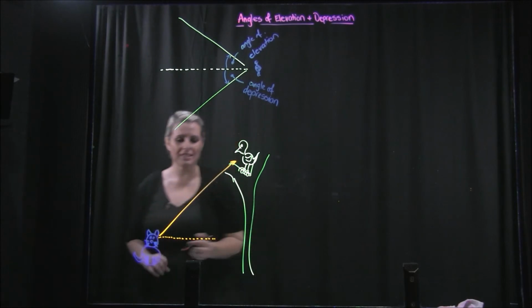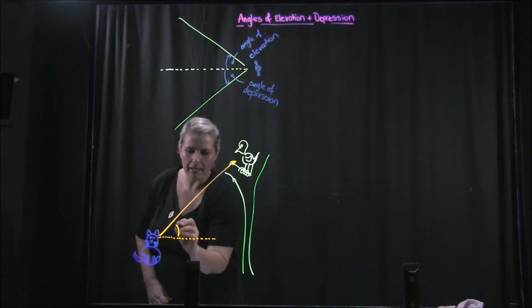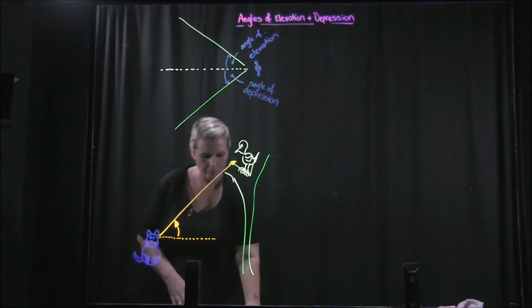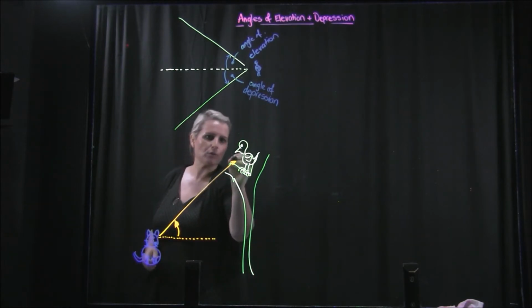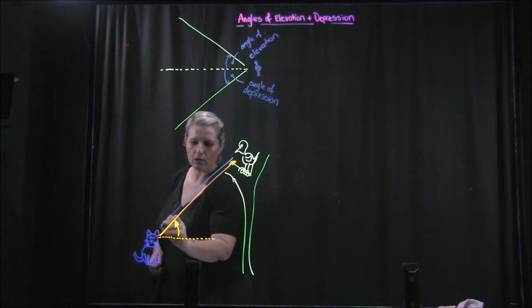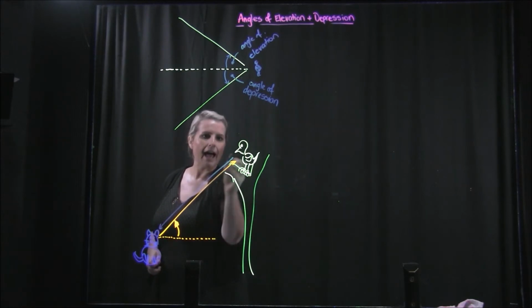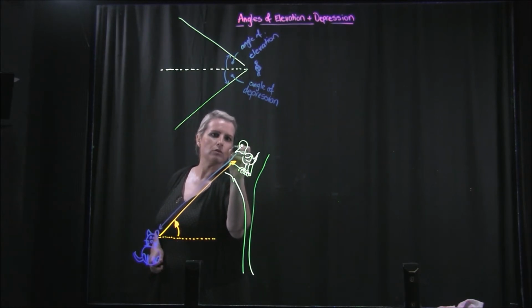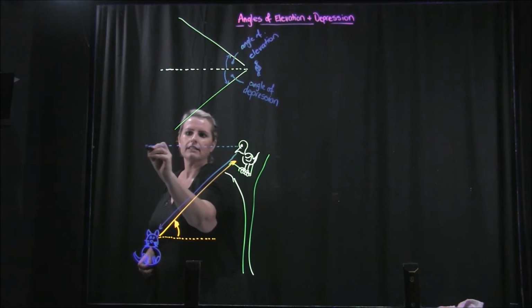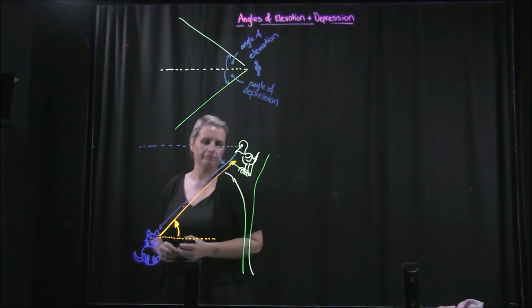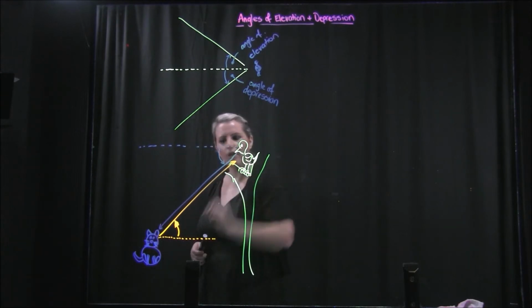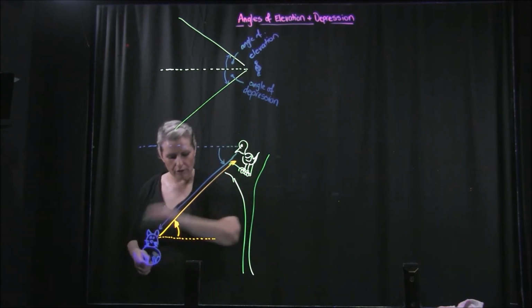It's really important that you understand the difference. So this would be my angle of elevation. So you can see I draw up, I'm looking up. That would be the angle. For my bird, however, he's looking down along this same trajectory. However, his eye level is here. And so his angle will be measured down this way. So he will have an angle of depression. The cat will have an angle of elevation.